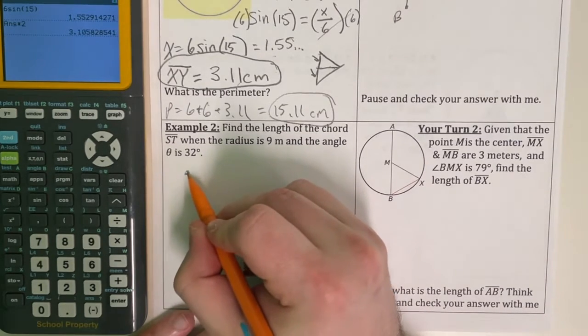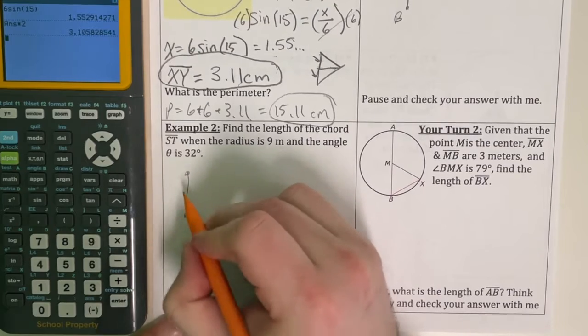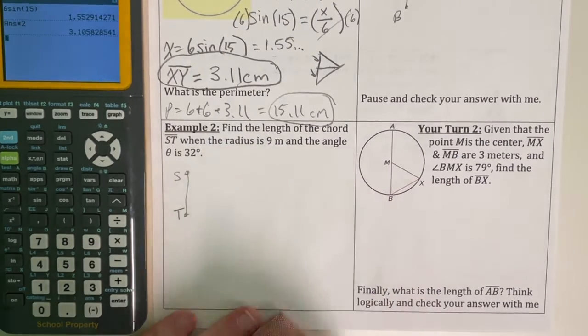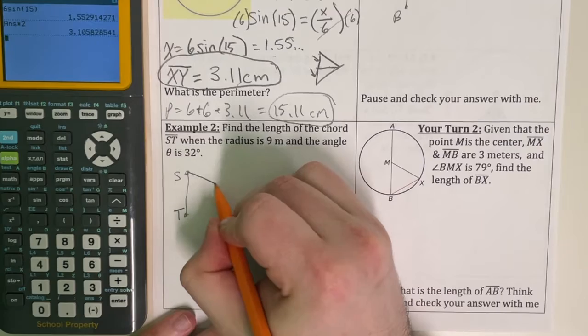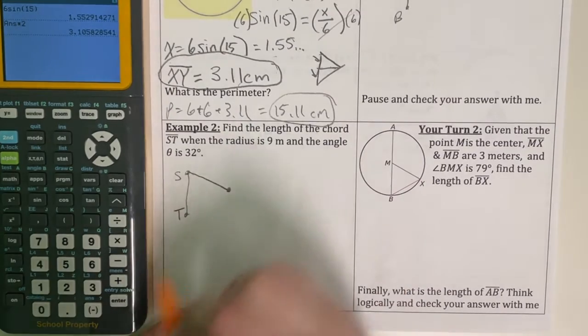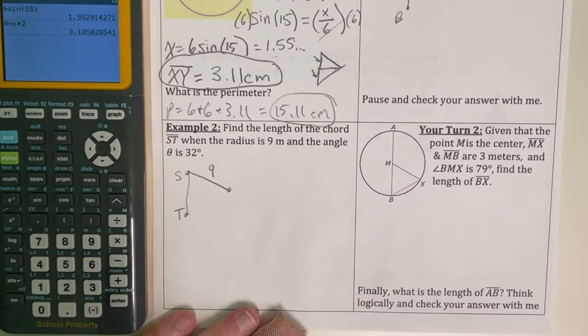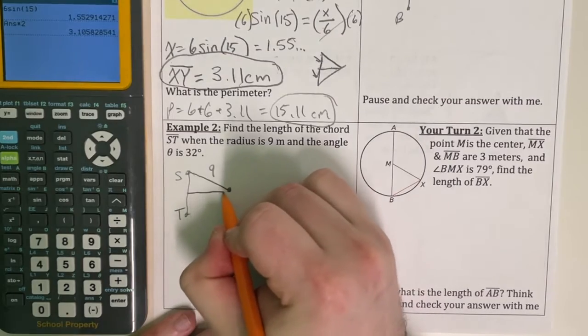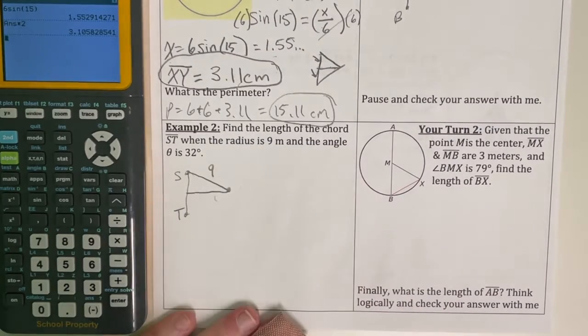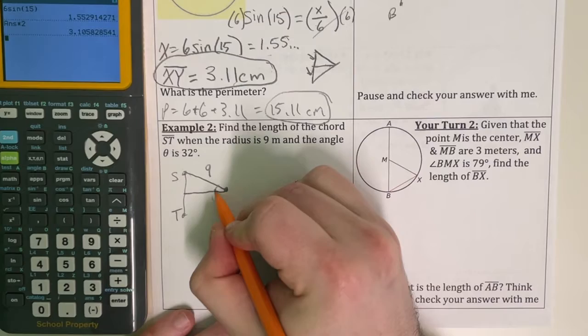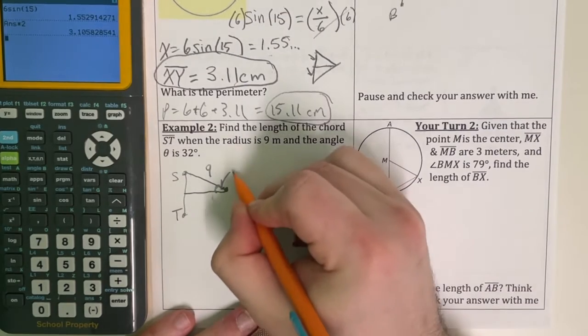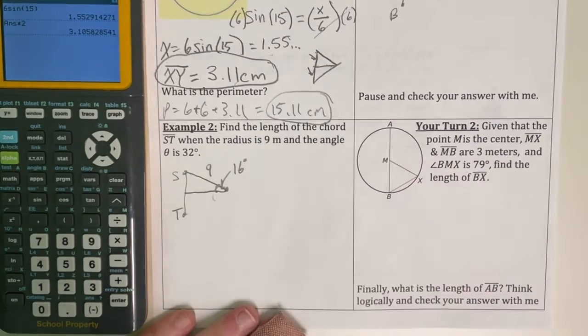I can have this chord, which is a straight line, ST, and the radius, which is to the center, is 9 meters. And that entire angle is 32 degrees, but I know that I need half of it, which is right here. So I need half of it, which is 16 degrees. And I'm looking for this side x.